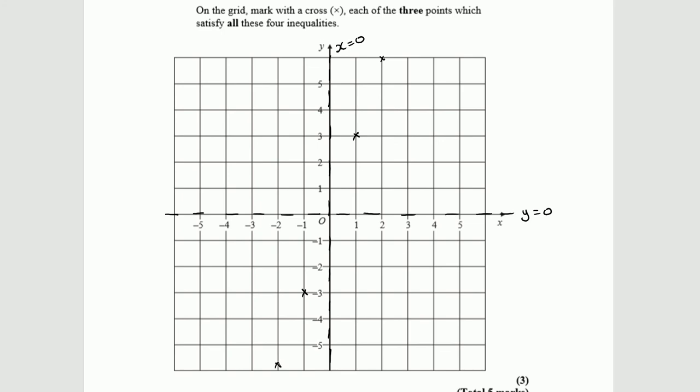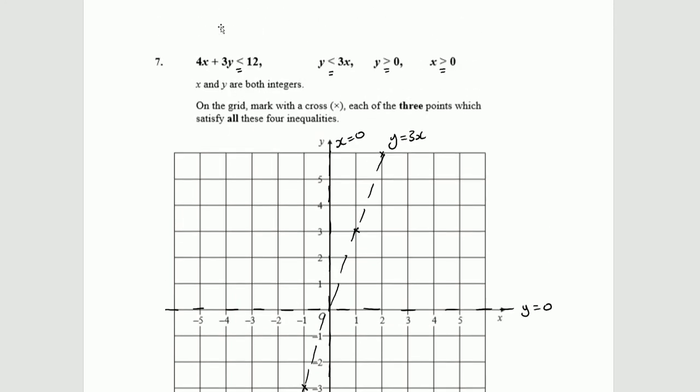So I could then take my ruler and draw a line through there. Again, I'm going to draw a dotted line, a dashed line, because I'm not allowed to equal those values. You would obviously do this with a ruler. So that's the line y equals 3x.